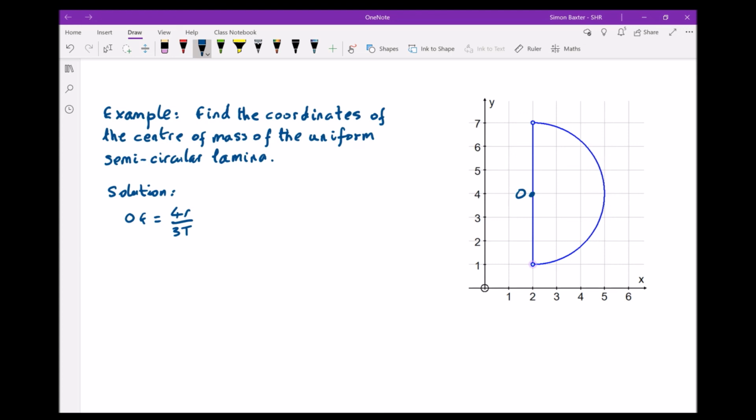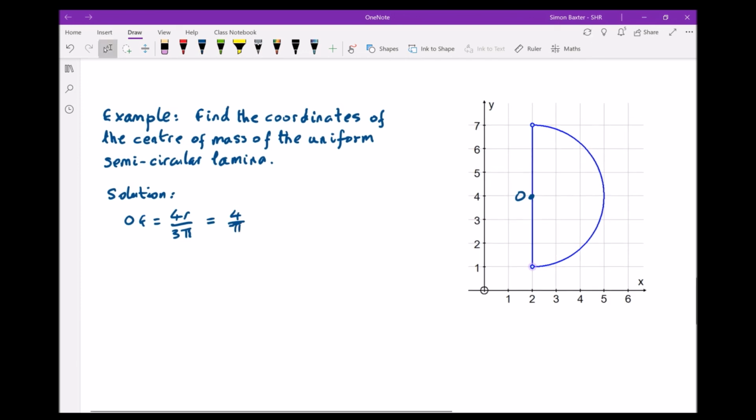In this case, we can see that the radius of the circle is 1, 2, 3. And so if r is 3, this is 4 over pi.